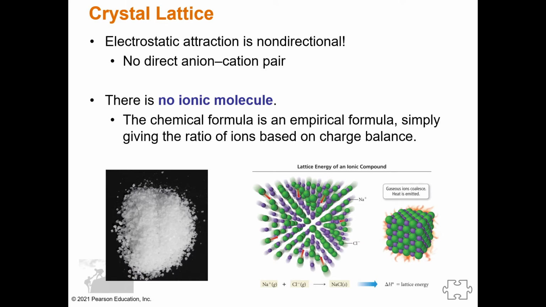The formula that you write down is actually an empirical formula. So that's the simplest ratio of positive and negative ions that would produce a neutral compound. Remember that ionic compounds are neutral, so you need to have the right amount of positive and right amount of negative ions to come up with something that's neutral in the end.